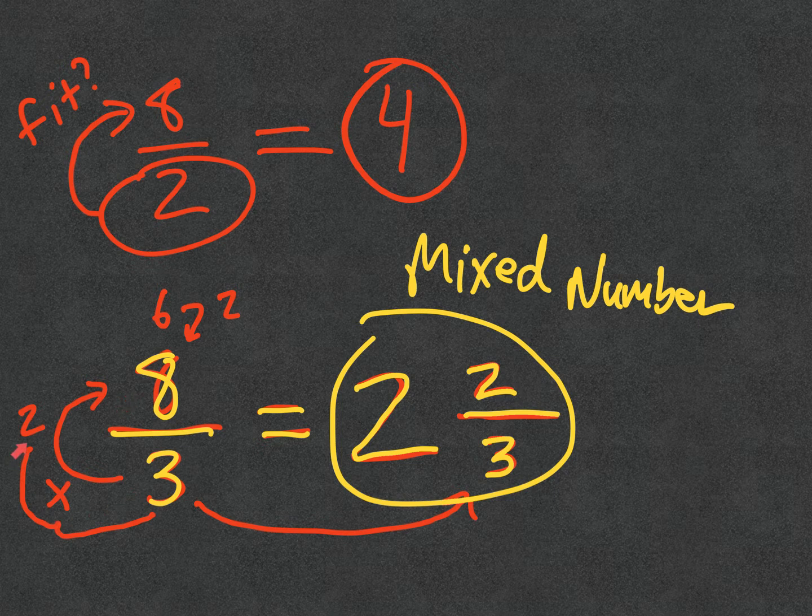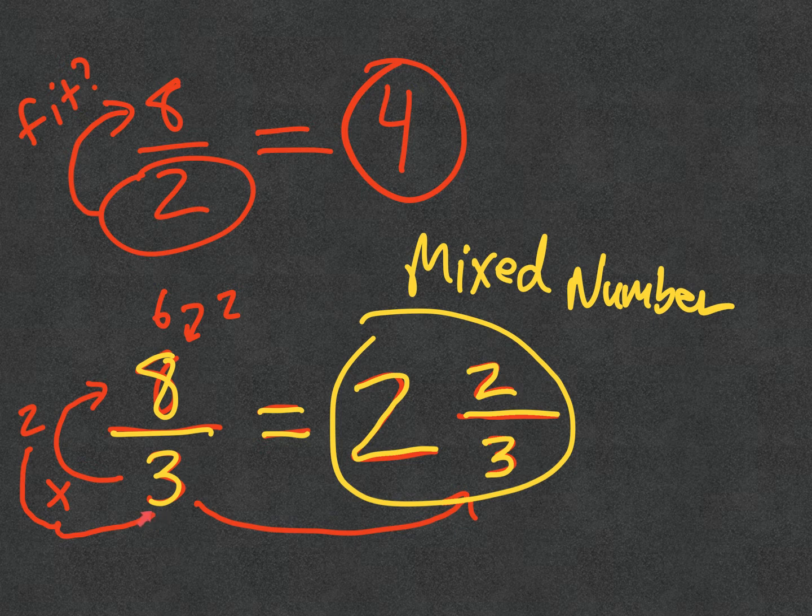So 3 times 2 will fit into this number 8, and so this 2 becomes my large number over here. Then 3 times 2 is 6, so I ask myself, how many leftovers are there? So essentially, I'm subtracting 8 minus 6 to get 2, and then that becomes my numerator.